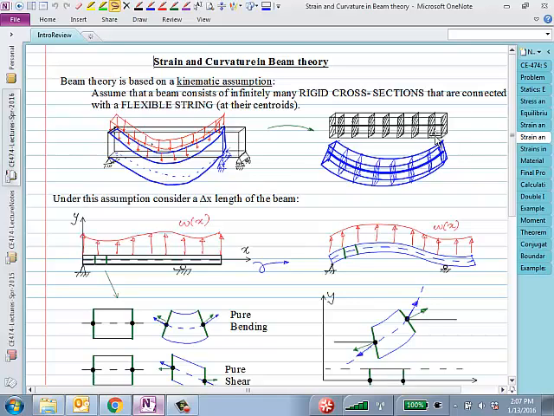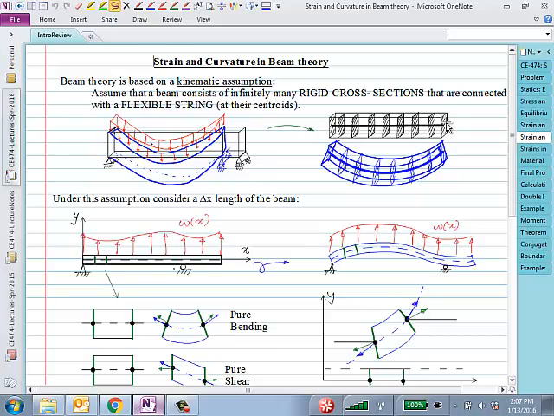That plane sections remain plane, or actually rigid cross sections remain rigid before and after deformation. So the best way to really visualize a beam is to think of the centroid line as some sort of a flexible string, and there are infinitely many cross sections, rigid plates, attached to that string of centroids. And those adjacent cross sections can bend with respect to each other.